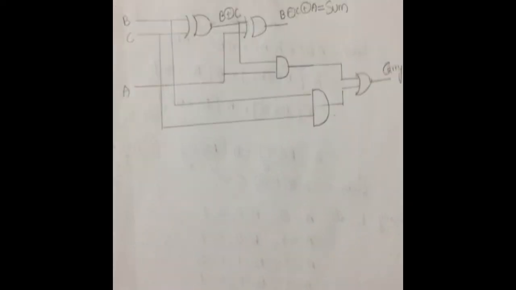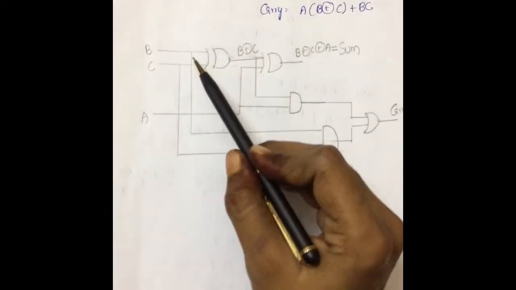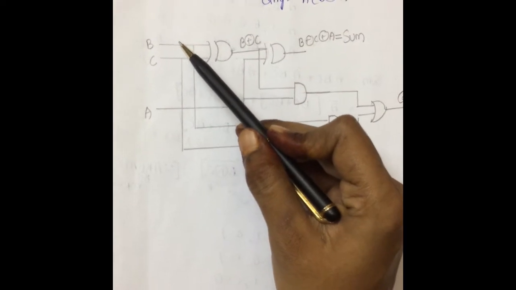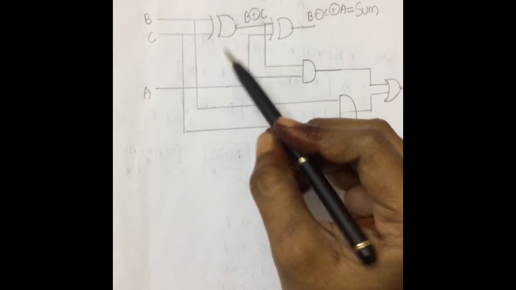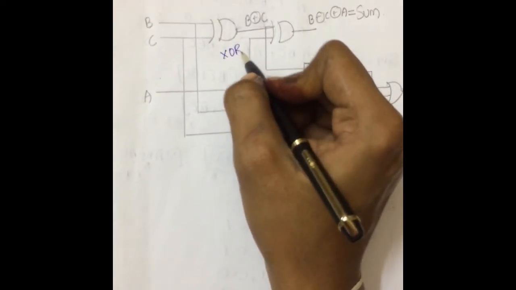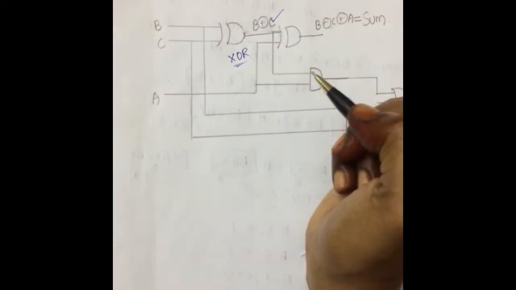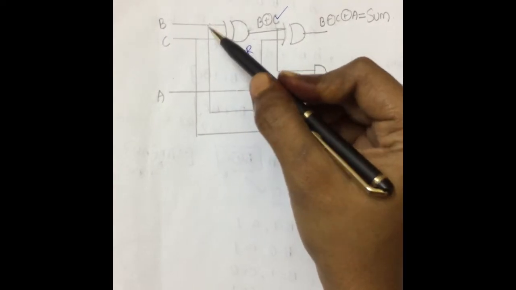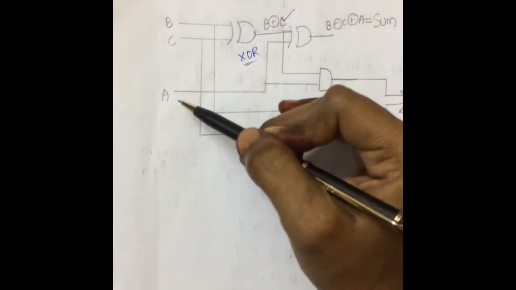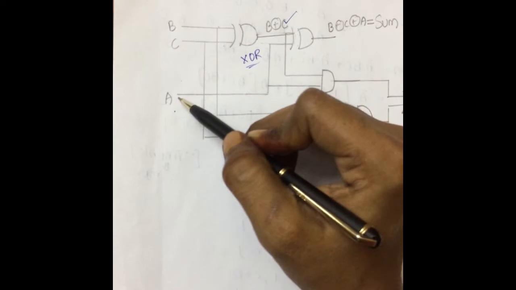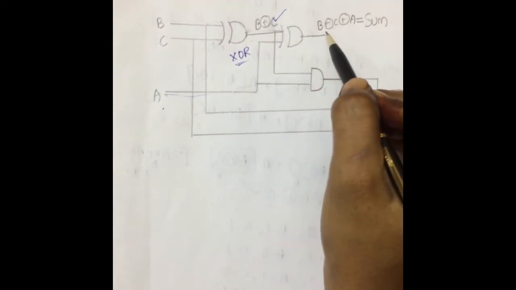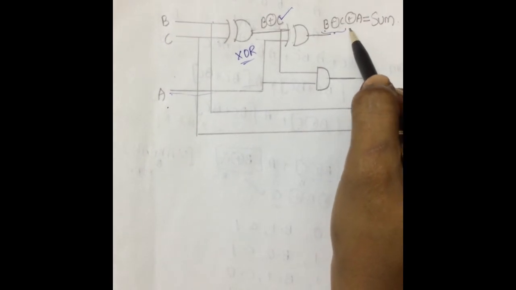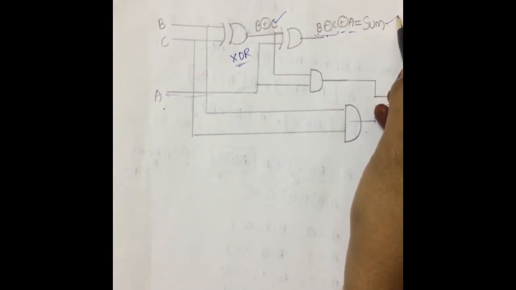Now we'll see the logical symbol, the simple logical symbol. So 3 inputs we are taking, A, B, C. For B and C, this is the symbol for the XOR gate, so we get B XOR C. Now B XOR C has to be XORed with the other input A. So A input I am taking from here, B XOR C I am taking from here. B XOR C is XORed with A to give the sum.